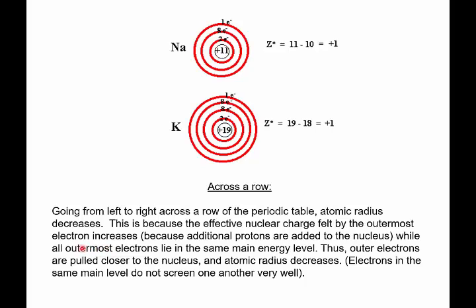Each of those electrons basically goes in the same outermost level, outermost layer. Therefore, the outer electrons are pulled closer to the nucleus because of the greater effective nuclear charge, and the atomic radius decreases. The electrons in the same main level don't screen the other electrons very well.